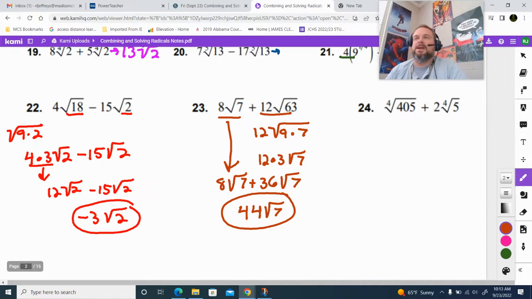All right. Now, contrary to popular belief, I don't know all the roots of everything. Okay. I'm just going to take a gamble right here. I'm going to divide 405 by 5. I'd get 81.